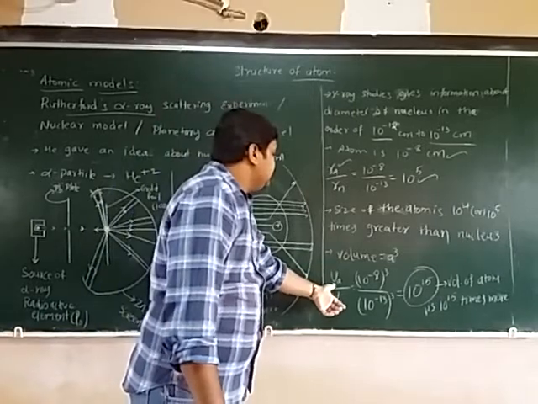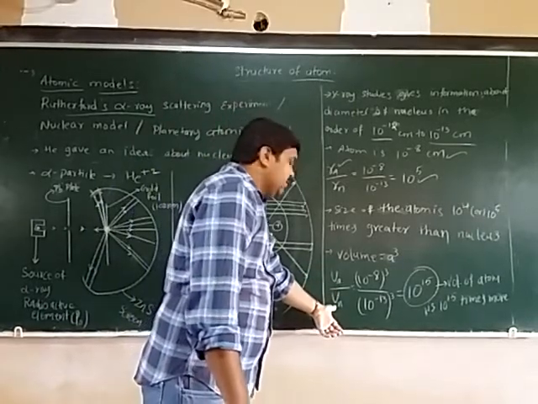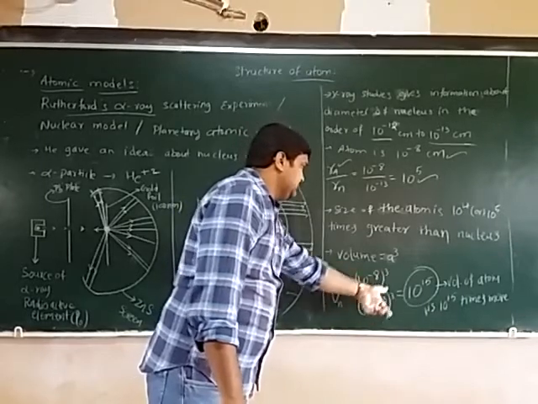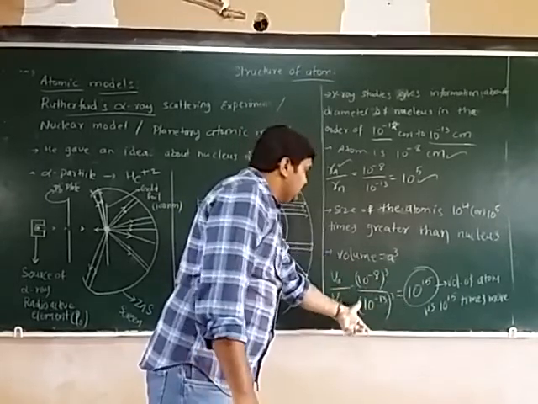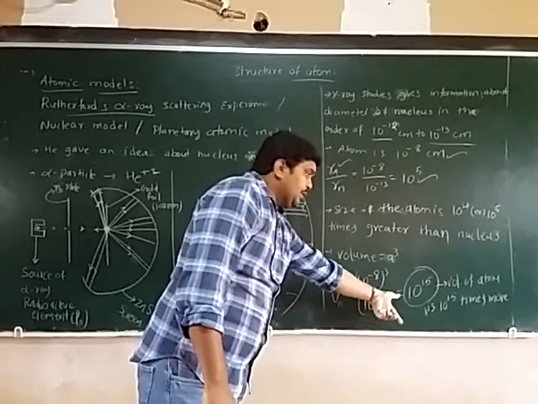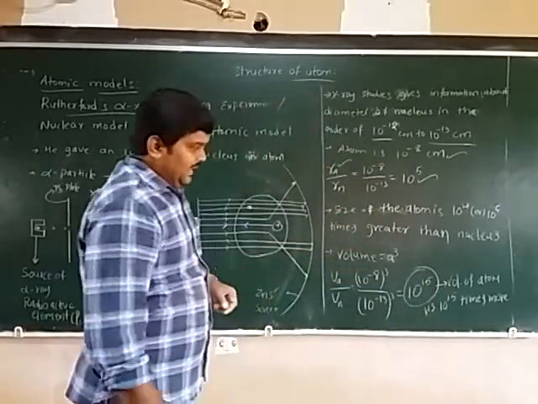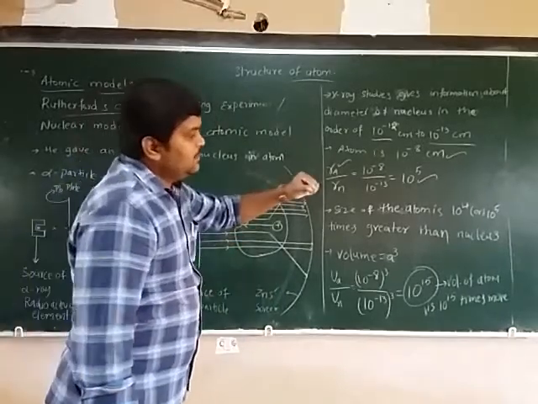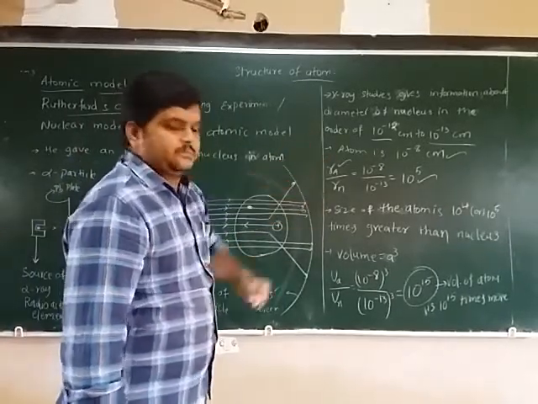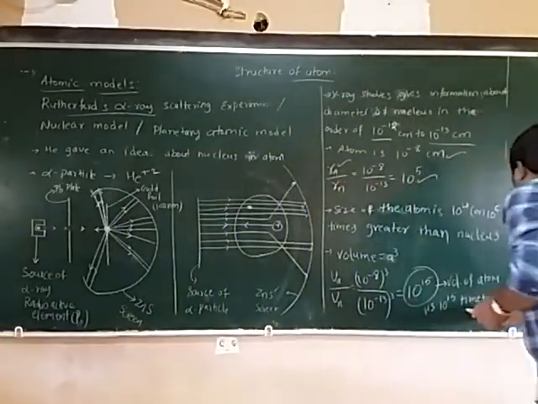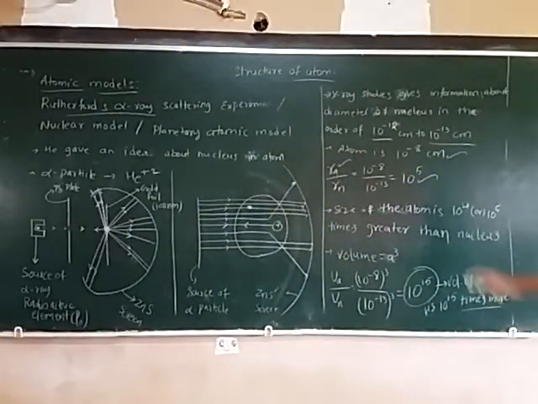So the volume of the atom by the volume of the nucleus is equal to 10 to the power of minus 8 cubed by 10 to the power of minus 13 cubed. So the volume of the atom is 10 to the power of 15 times more than the volume of the nucleus.